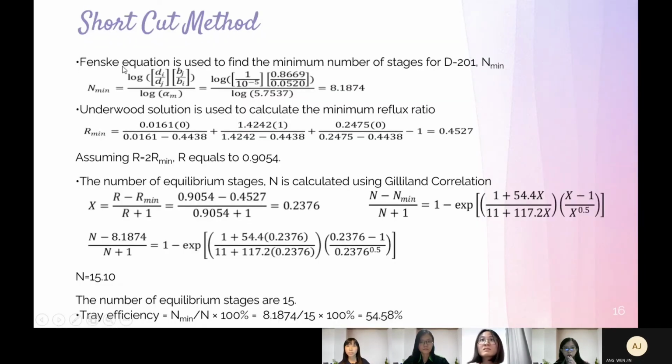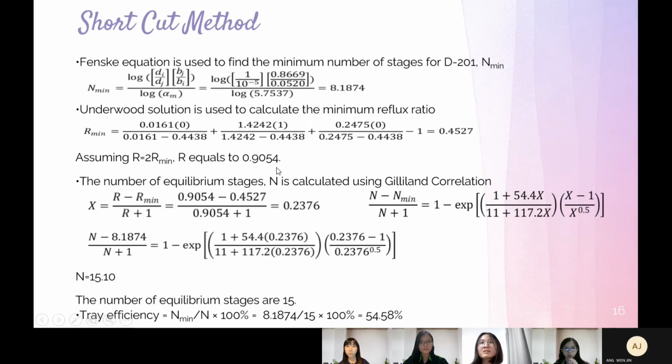Then, we use the shortcut method to look for the number of equilibrium stages. First, we use the Fenske equation to look for the minimum number of stages, which is 8.1874. Next, we use the Underwood solution to calculate the minimum reflux ratio for D201, which is 0.4527.